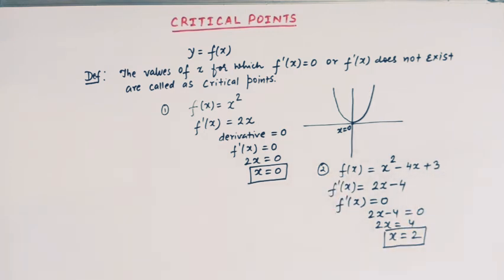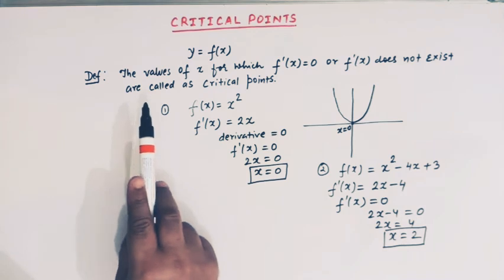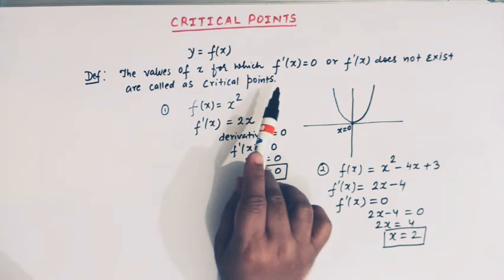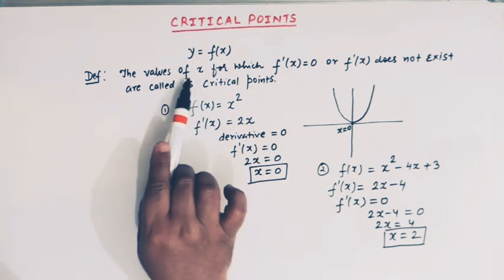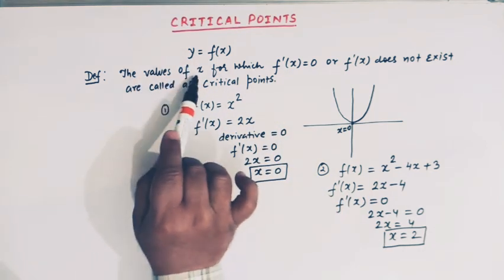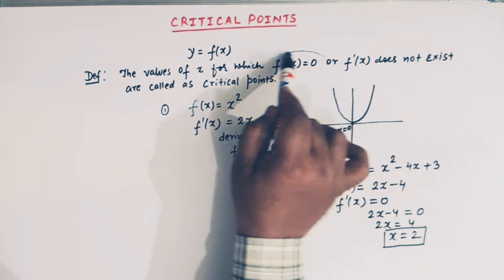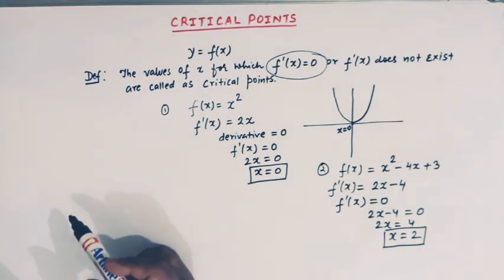Now viewers, here the important thing about critical point is that we have two conditions, right? The first one is that the values of x for which the derivative is equal to 0, right?